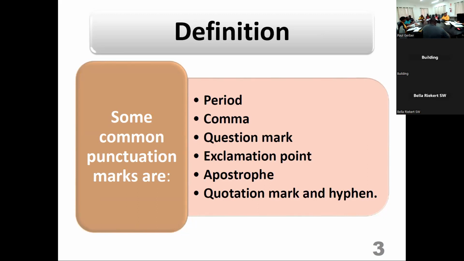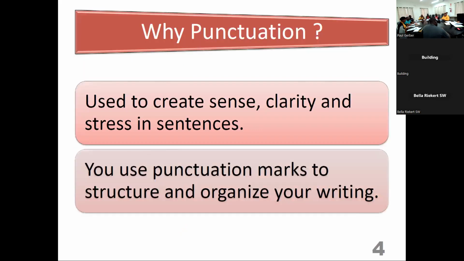So you ask me, why do we need punctuation? It is used to create sense, clarity, and stress in a sentence. You use punctuation marks to structure and organize your writing. If we were reading something without punctuation marks, it would be very difficult for us to understand what we are reading.